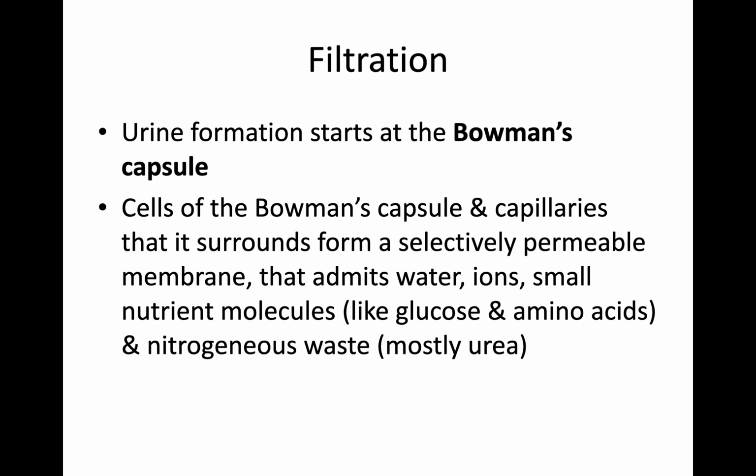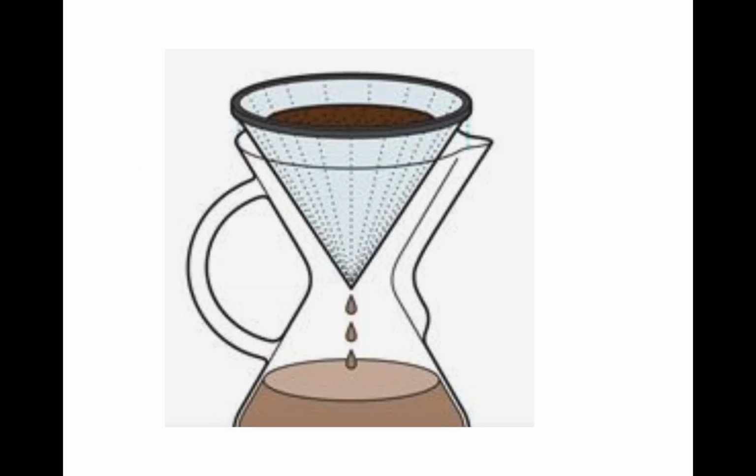Different things like water, ions, small nutrient molecules, as well as waste come into the Bowman's capsule at this point. It's sort of like if you've ever made coffee, you have coffee grounds that stay in the filter, and the good tasting coffee goodness drains out.